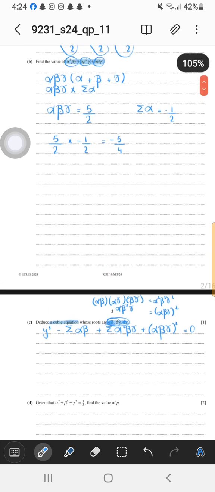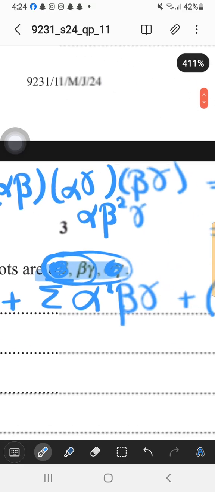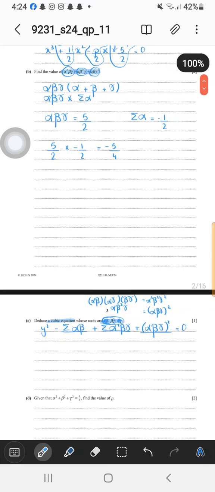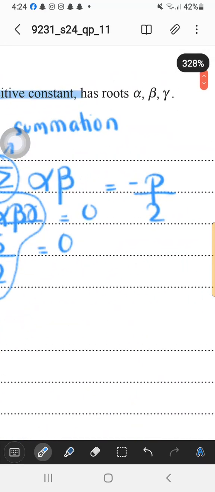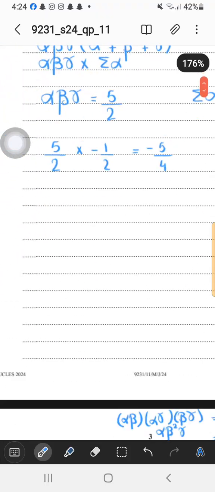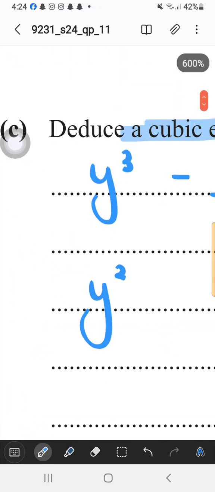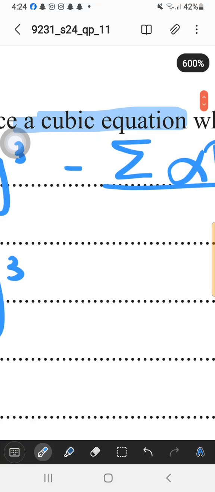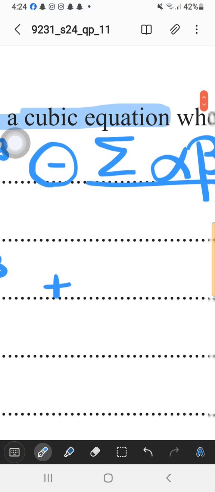And now we will find out these things and we will get our equation ready. Okay, summation of alpha beta, which we had found out here, negative p upon 2. Okay, so we will write y cube, there was negative p upon 2. Here the sign changes, negative represents sign change, it becomes positive p upon 2.